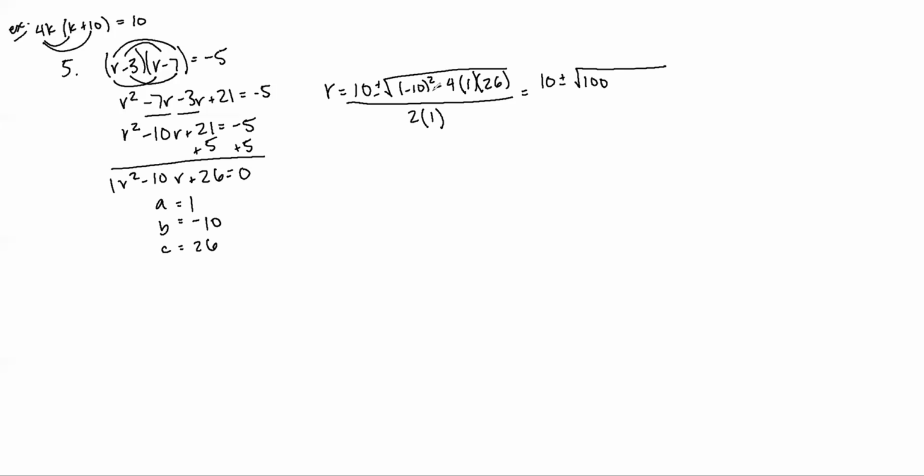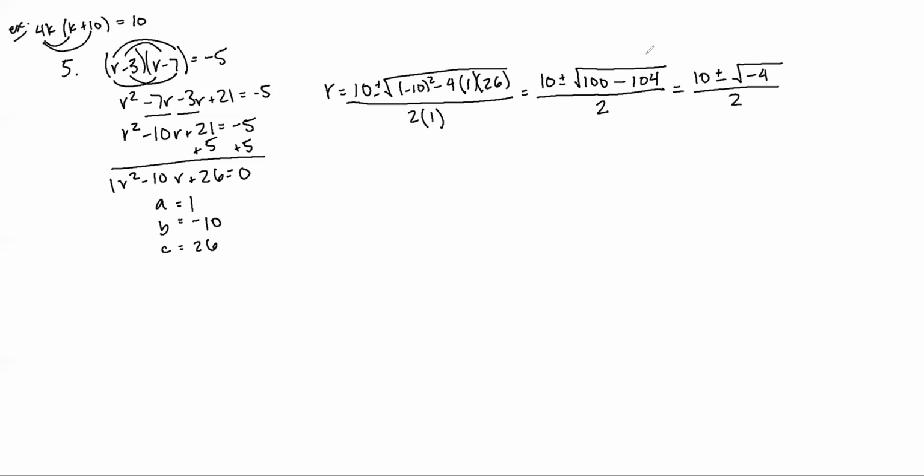We have a negative 4, that's the only negative, so this will be minus 4 times 26. 26 doubled is 52, 52 doubled is 104, all over 2. And then we get 10 plus or minus, now 100 minus 104 is negative 4.